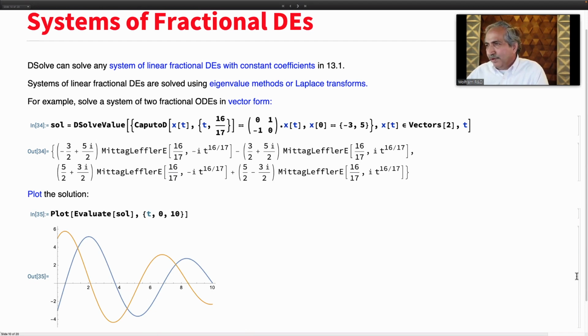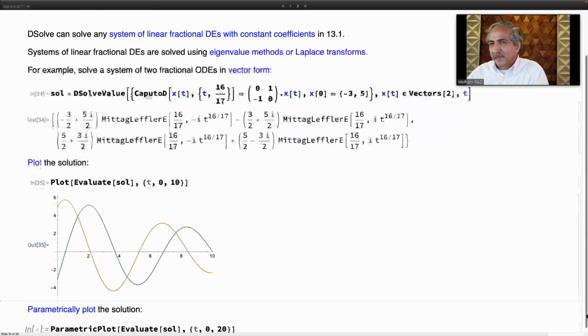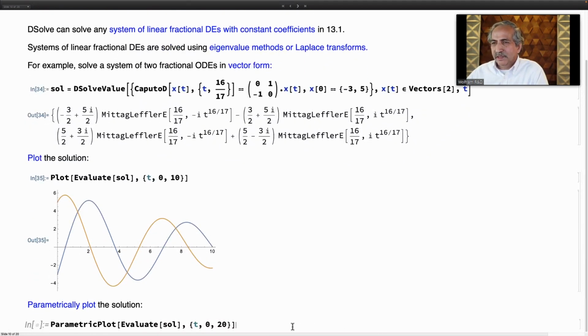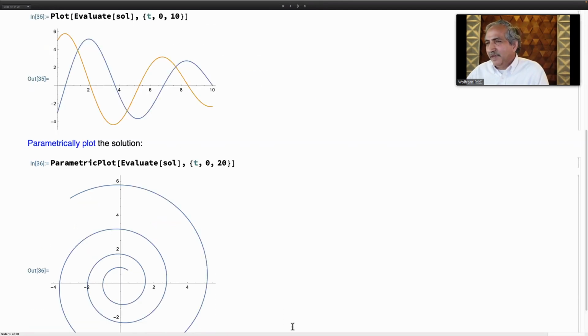It's almost oscillatory with a bit of damping. You plot it. I didn't know what the answer would be when I did it the first time, but I was surprised to see that in fact the answer in this case is, well, you'll see in just a minute what it is. It's a spiral. So this beautiful spiral is a solution for the most basic system of equations in fractional calculus.